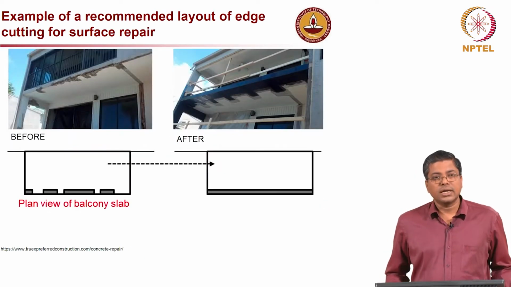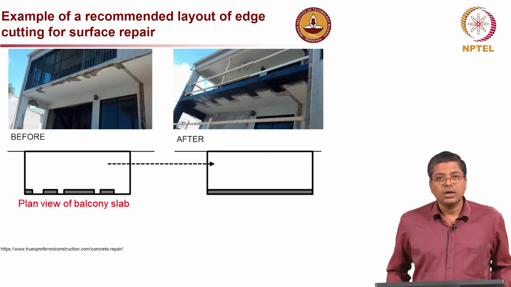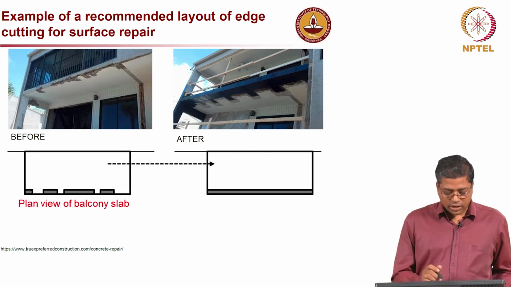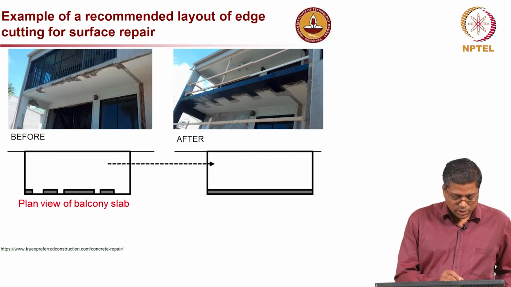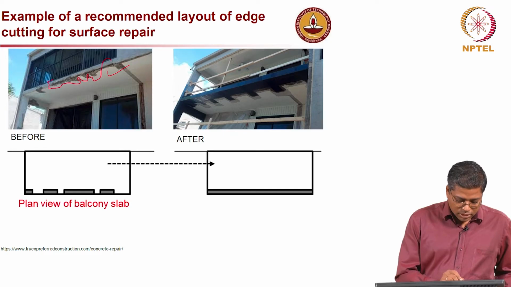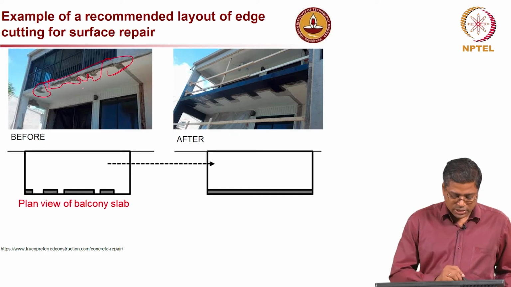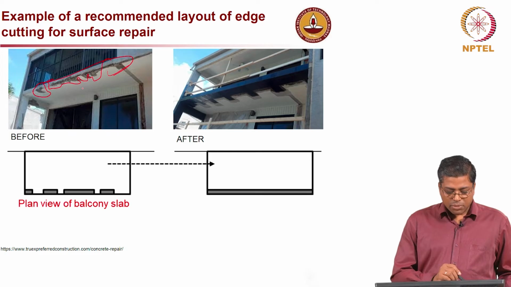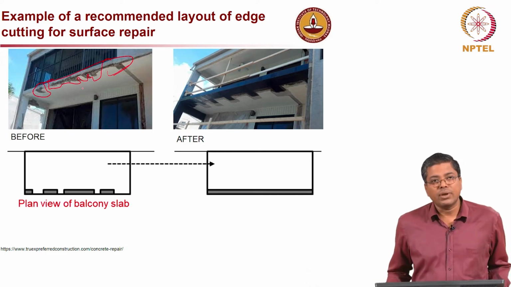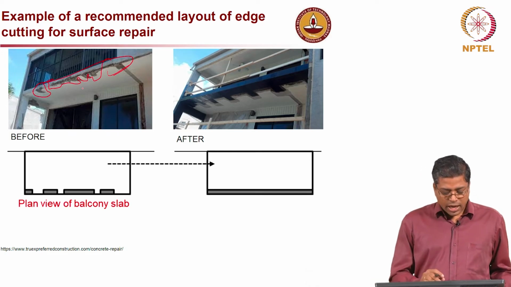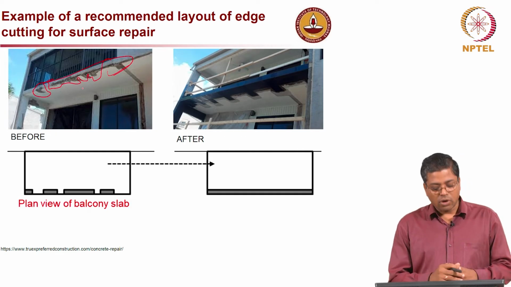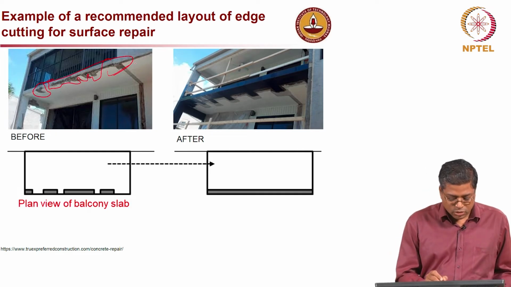This is another example of a recommended layout of edge cutting for a surface repair. As you see in the photograph on the left side, in some region it is not very well defined, only some region is spalled, but maybe corrosion is happening in the other region also, and to avoid a future problem it is better in such cases to cut something like this.